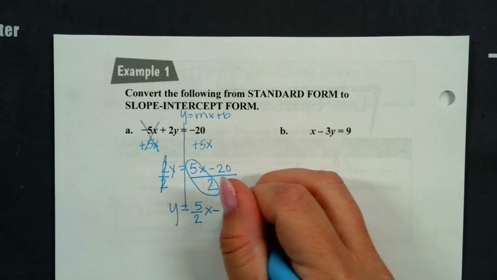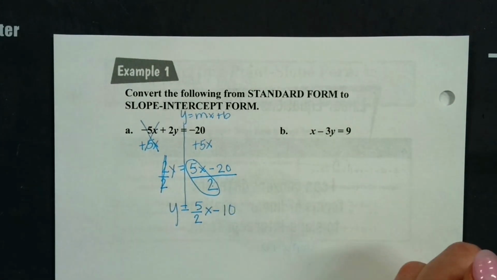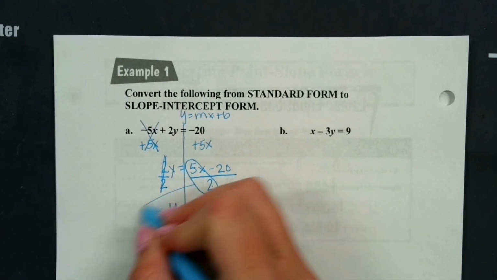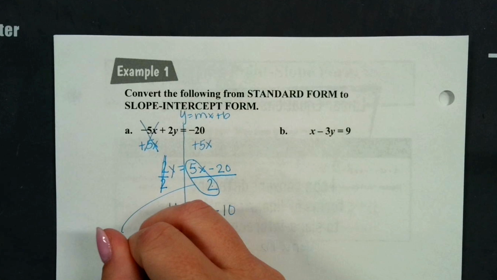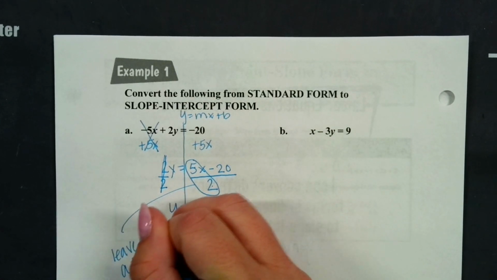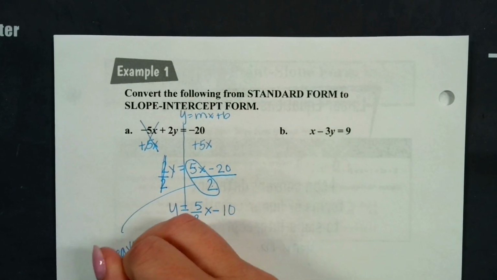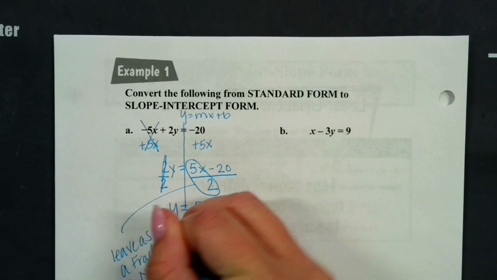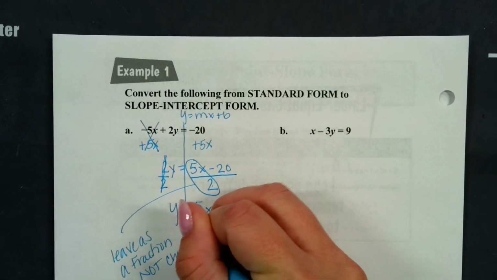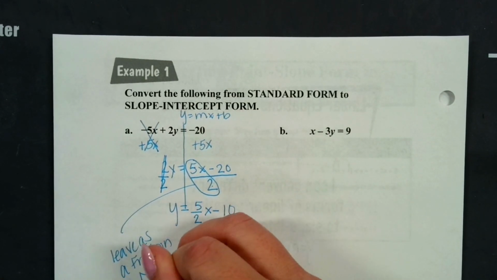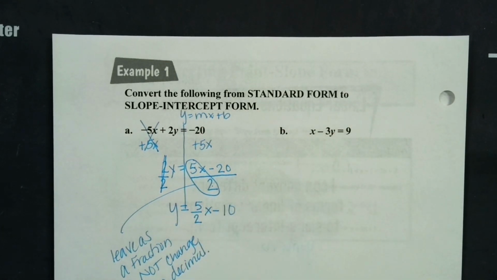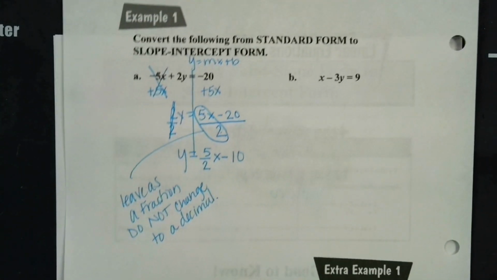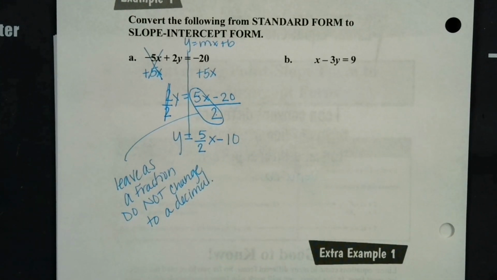So I'm just going to write now negative 10. We leave it as a fraction. Do not change to a decimal. We do not want to change that to a decimal.